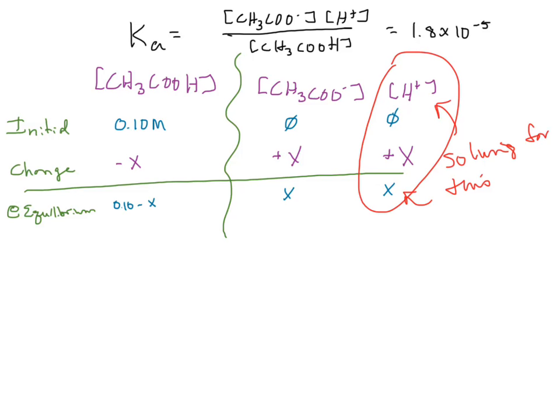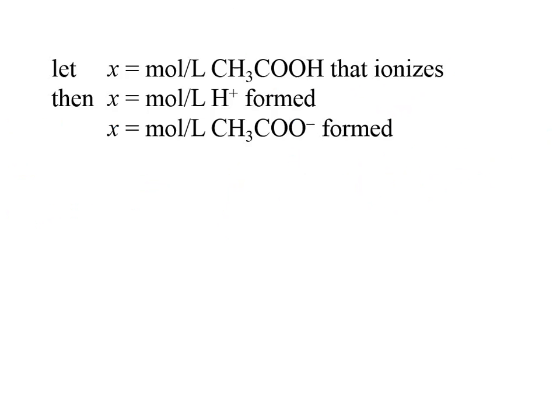My little hint in red there is the whole crux of what we're supposed to do: come up with the hydrogen ion concentration, which is x, and the pH, which we get by taking the negative log of that. But here's the catch for this sort of problem.